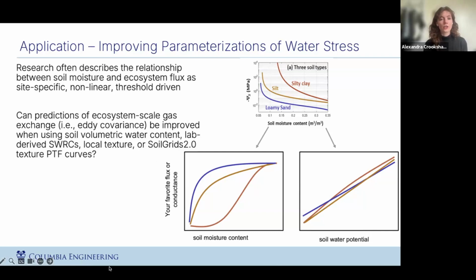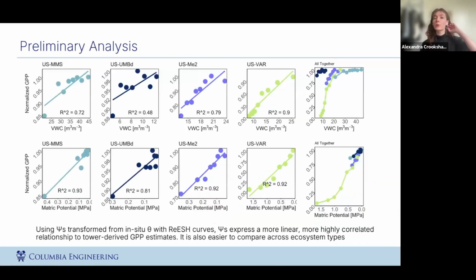That led us to the question: can prediction of ecosystem-scale gas exchange, i.e. eddy covariance, be improved when using either in situ volumetric water content, the lab-derived soil water retention curves, or our two pedotransfer function curves? This idea was supported by a quick preliminary analysis I performed a year and a half ago at this point. Just a terrifying thought.